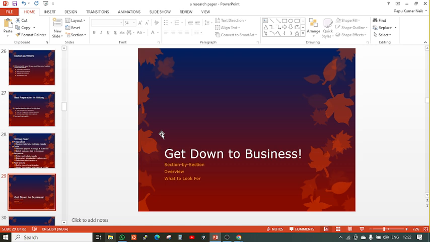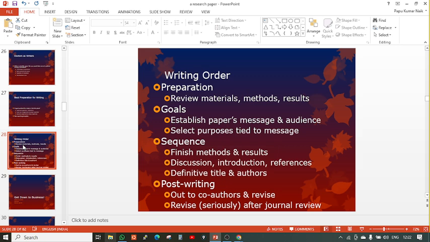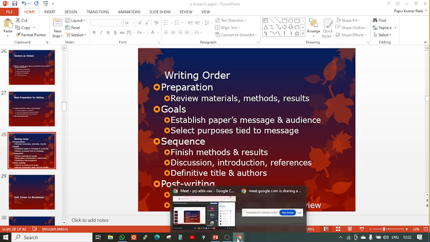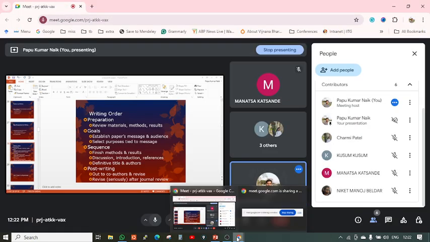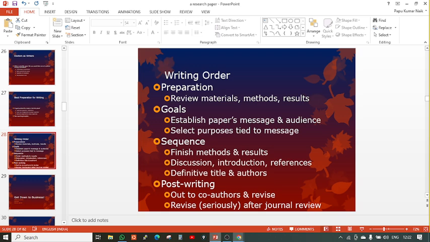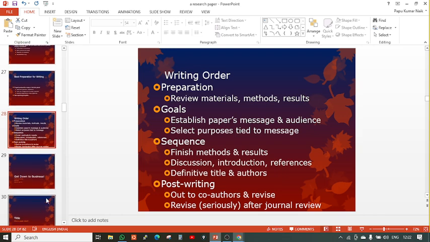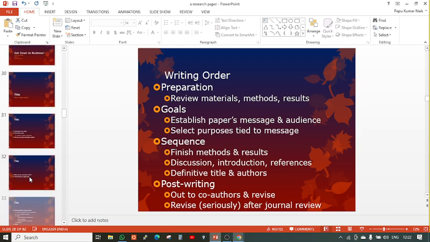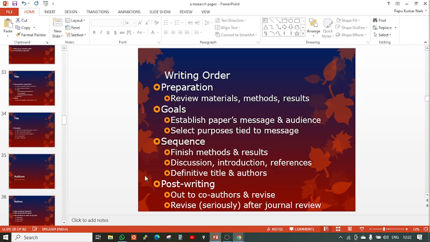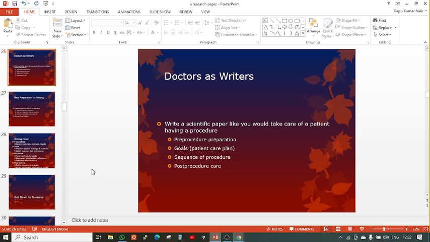That means we conclude that before writing something, we need to know how to read a research paper, which is the most important thing, with criticism and evaluation. Next is the writing order, how you are going to write research papers, and what the procedures for writing are. Next class we will discuss the details of the titles, authors and all the other parts, and the criteria for them.